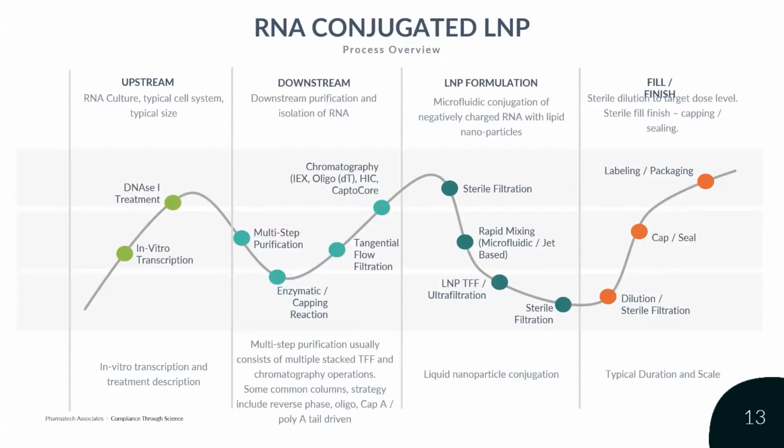And then ultimately for RNA, a lot of the downstream process is focused on getting the right population of RNAs. So whether your RNA might be polyadenylated or capped at its termini, that really influences the way you end up capturing the RNA. And then similar to the gene therapy process you saw, this process can also last anywhere from 14 to 21 days.